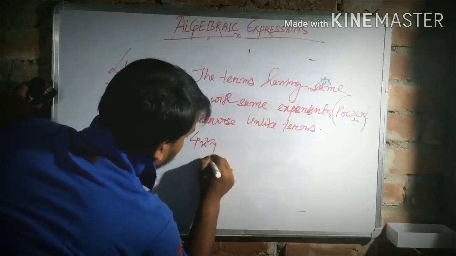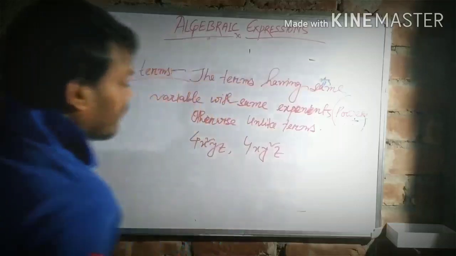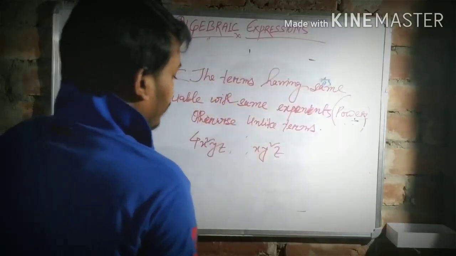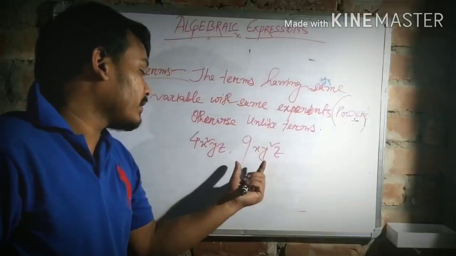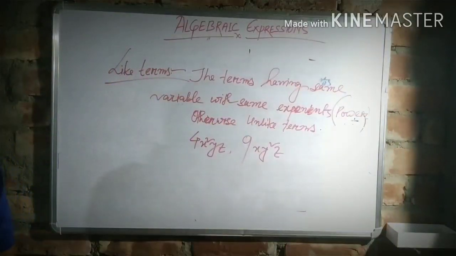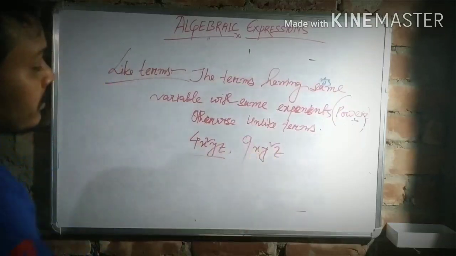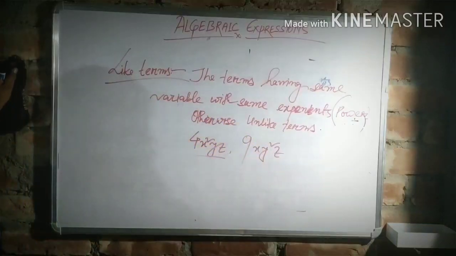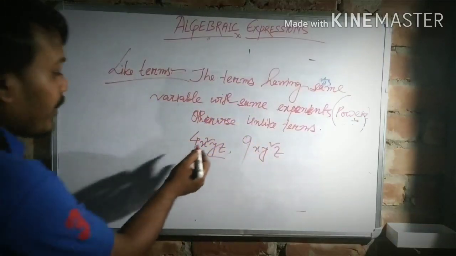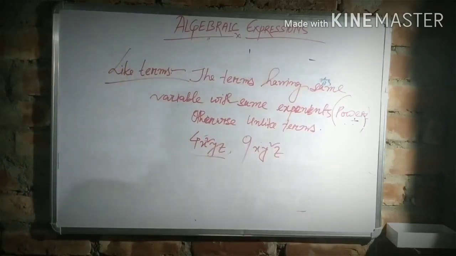4x²yz and 4xy²z. Are these two like terms? No, because both terms contain x, y, z, but in the first term the power of x is 2, but in the second term the power of x is not equal to 2.